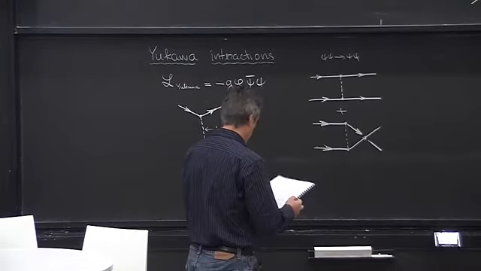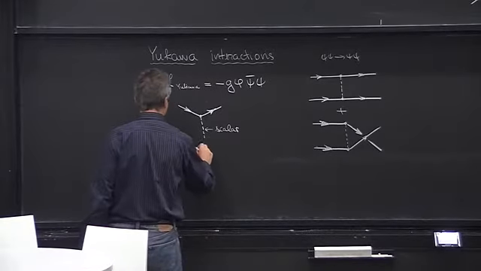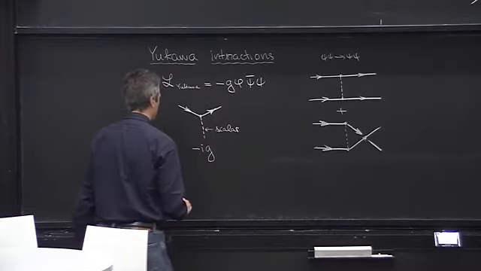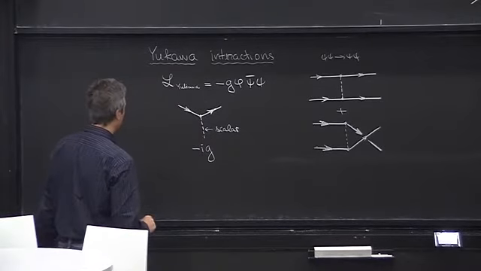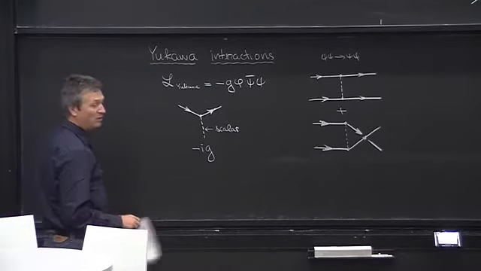Okay. So let's see. The vertex then comes with the factor of minus iG, right? And no gamma matrix.